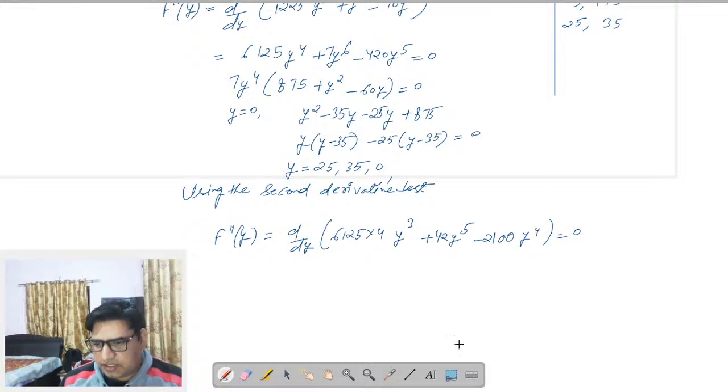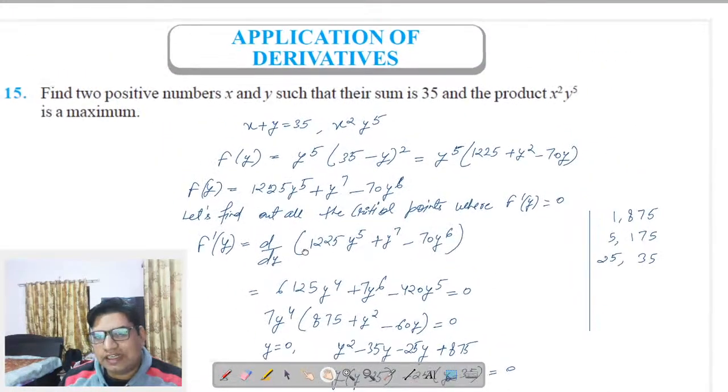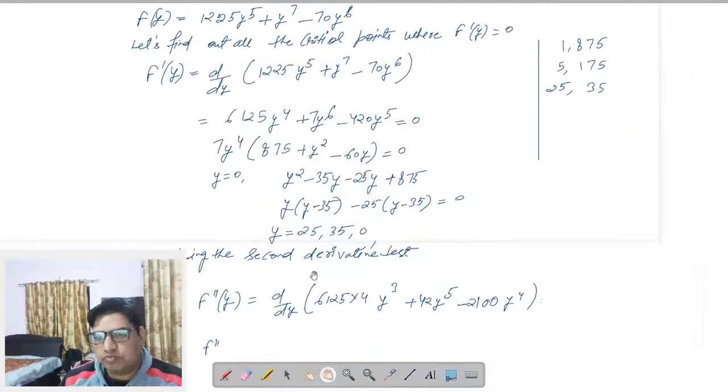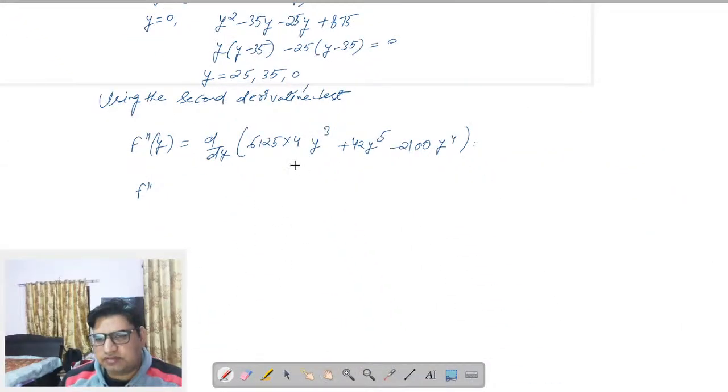So f double dash 0 will be 0 only, and we are supposed to write down the positive values only. So f dash 35 will give us 0 and f dash 0 will also give us 0.